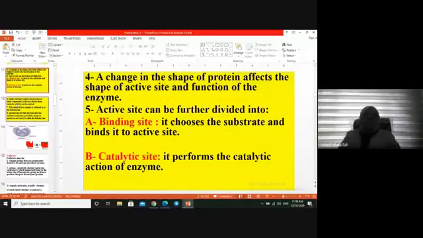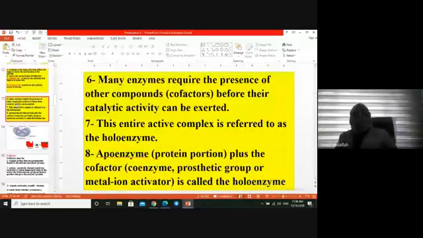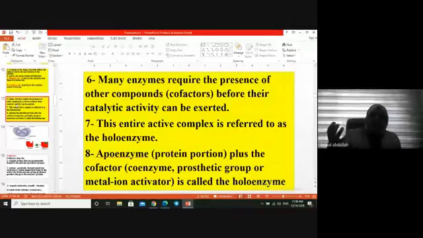Many enzymes require other molecules or compounds to do their action correctly before the catalytic activity can be exerted. These compounds are called cofactors.